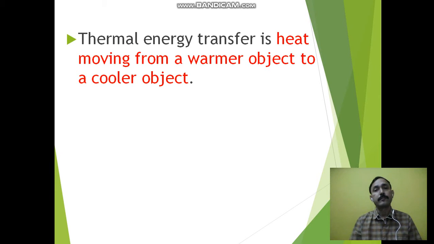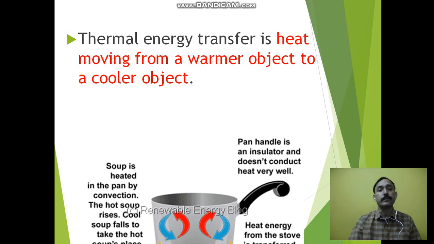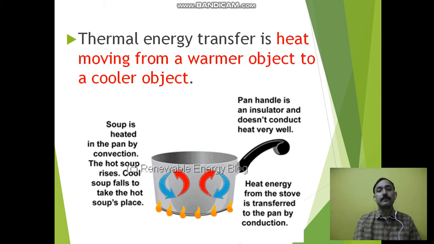Thermal energy transfer is heat moving from a warmer object to a cooler object. Suppose this is the pan where soup is heated by convection. The hot soup rises and the cool soup falls to take the hot soup's place.